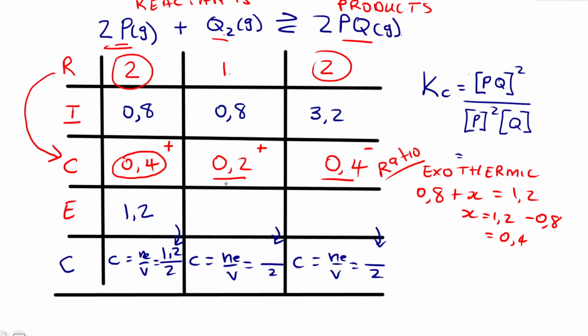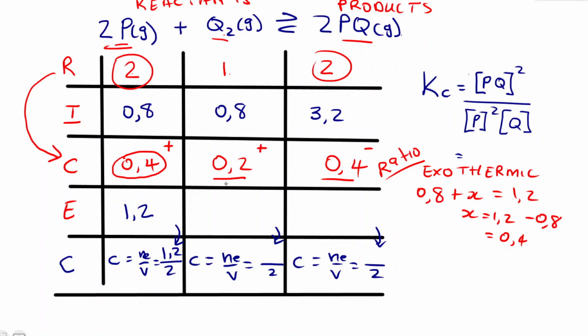So this is a 1 for Q2. Now 3.2 minus 0.4 will give you 2.8. So these are the number of moles at equilibrium.